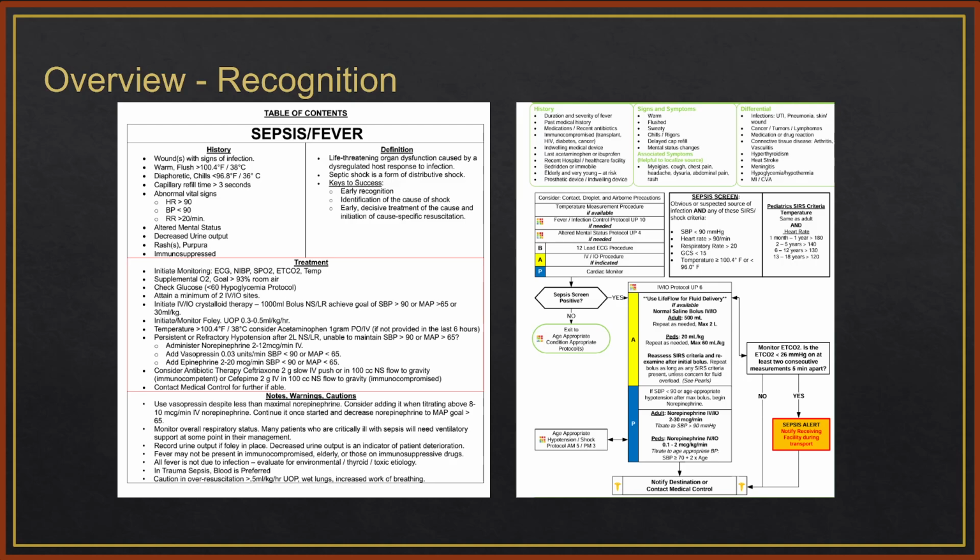So whenever I have a septic patient who doesn't meet our specific criteria, I will still alert the hospital and let them know, hey, they're meeting sepsis, they are going to be a septic patient, however, they don't meet sepsis criteria for us. So yeah.